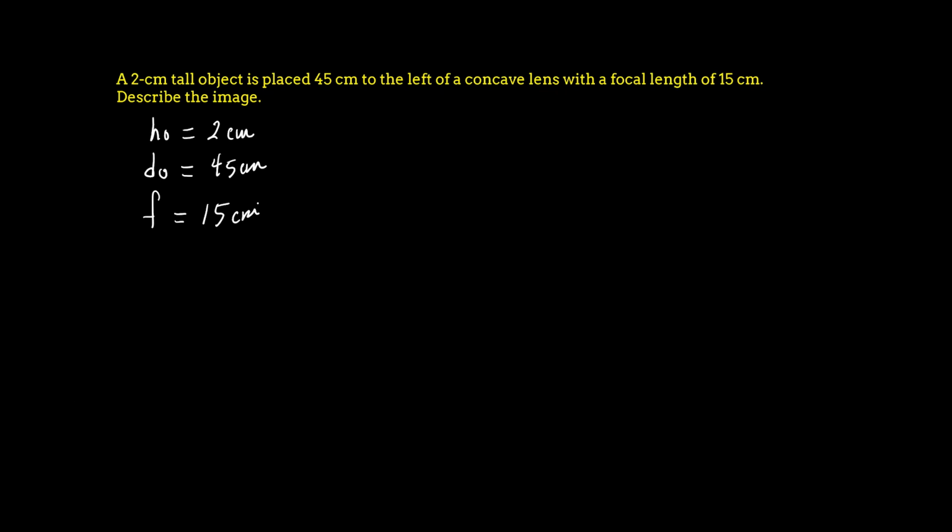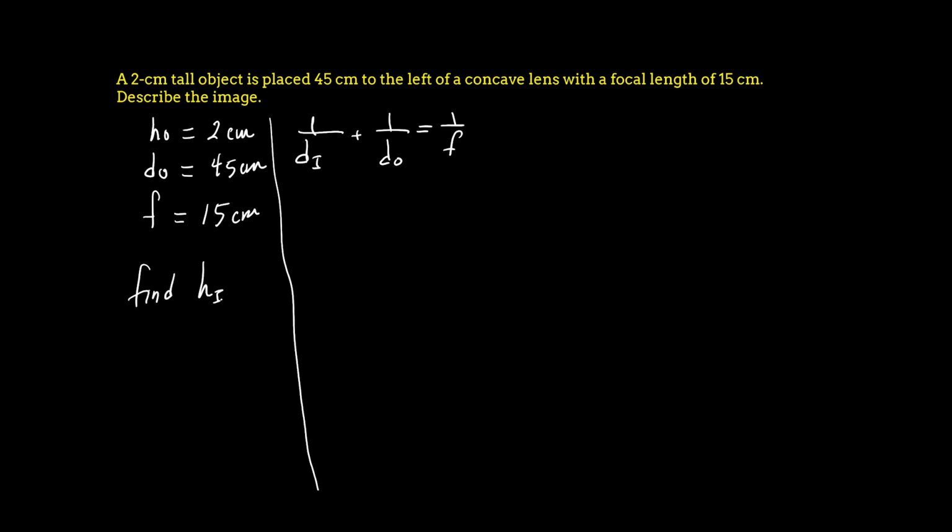So let's go ahead now and use 1 over DI plus 1 over DO is 1 over F. That's what we're given, find basically HI and D sub I.